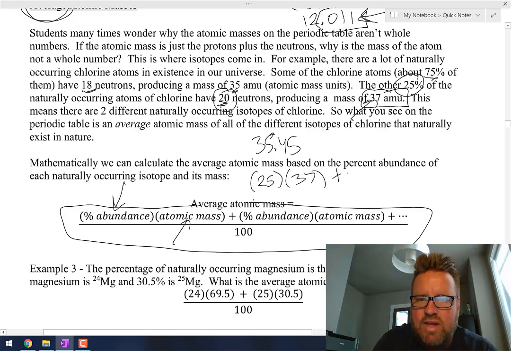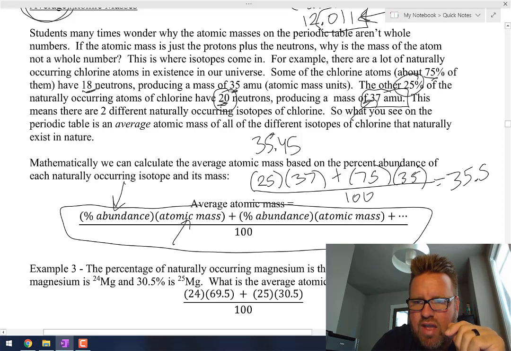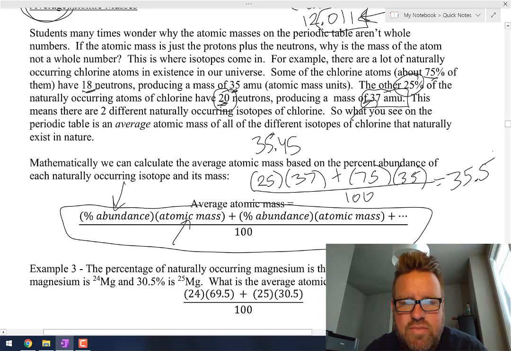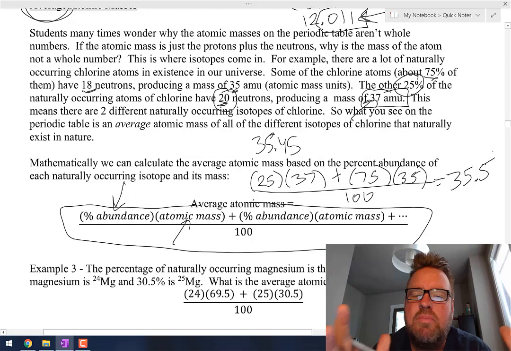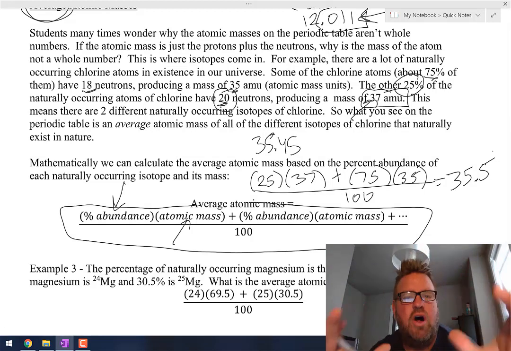And then the other isotope is a percent abundance of 75% times its mass, which is 35. And I divide by 100, and you get an answer of around 35.5.